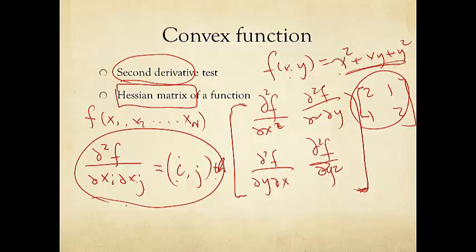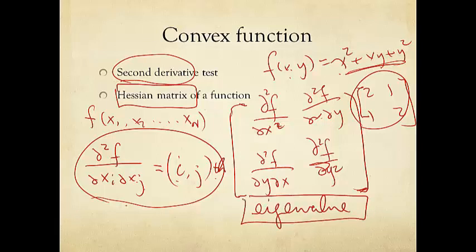It's not that the entries of the matrix are positive, but it's about whether this matrix's eigenvalues are all positive or non-negative. And you can check that this matrix's eigenvalues are all non-negative, and therefore this function is a convex function.